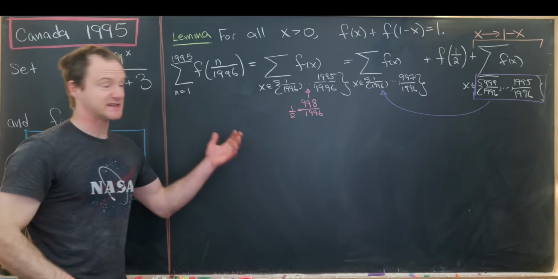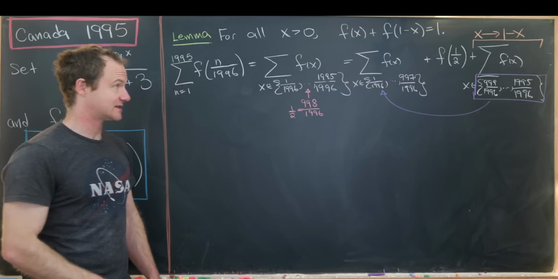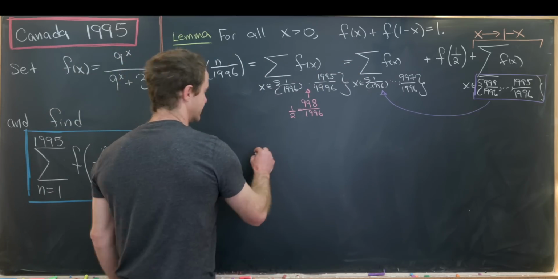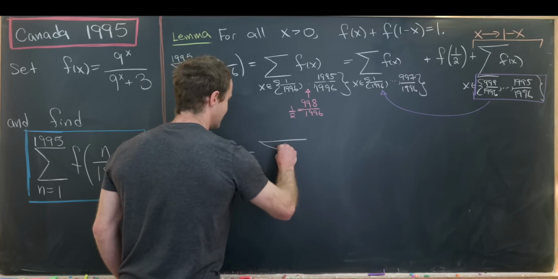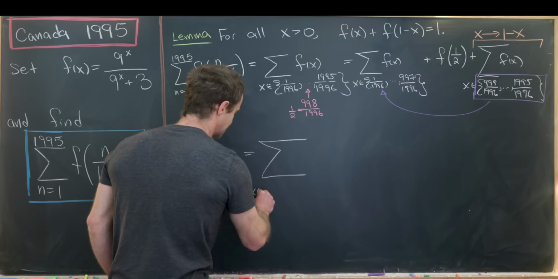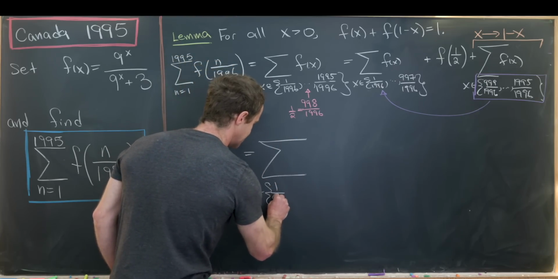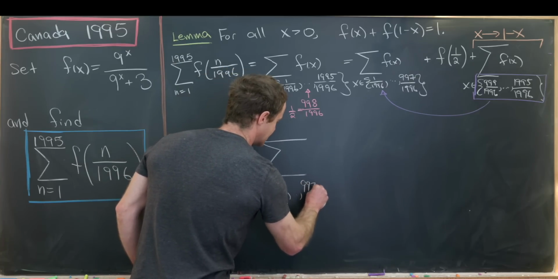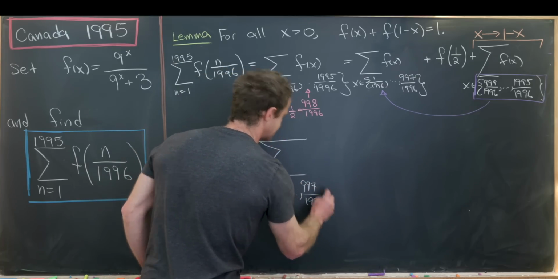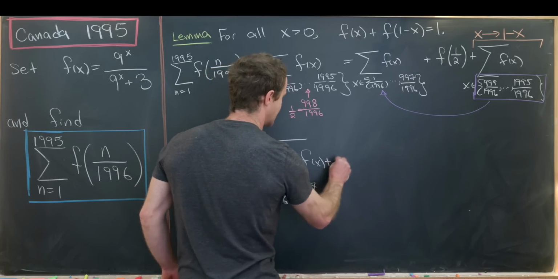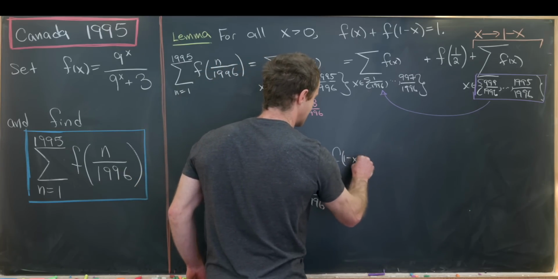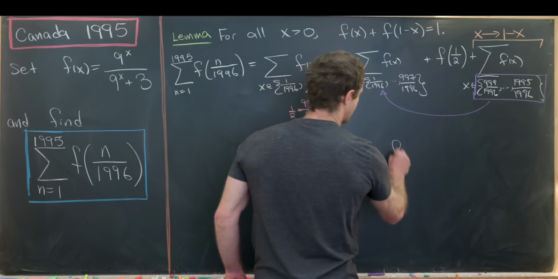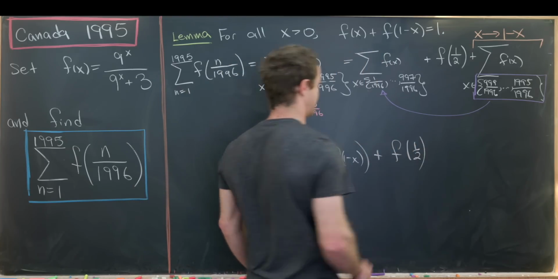And so we'll be summing over the same set. So that'll give us the following setup. We'll have the sum as x is in the set 1 over 1996 all the way up to 997 over 1996 of f of x plus f of 1 minus x plus f of half.